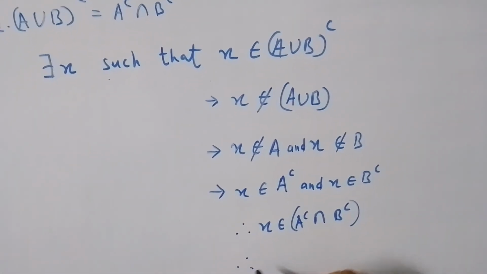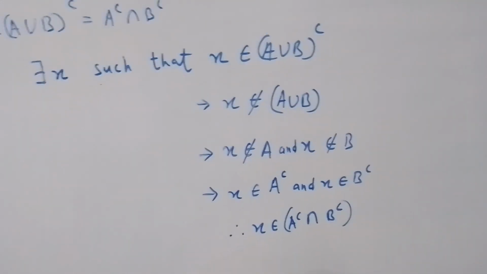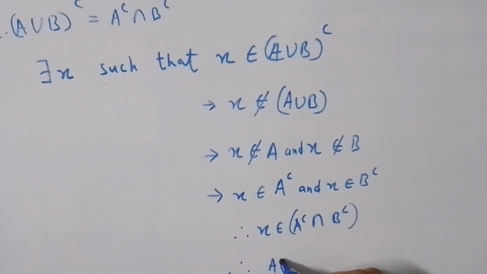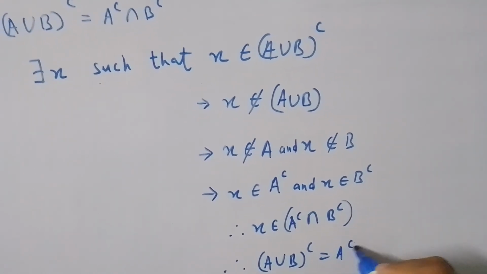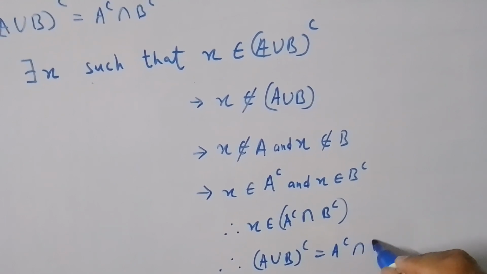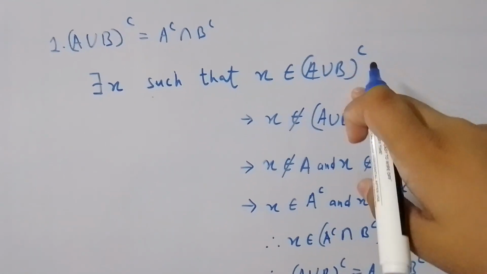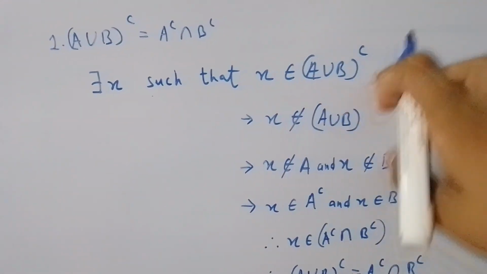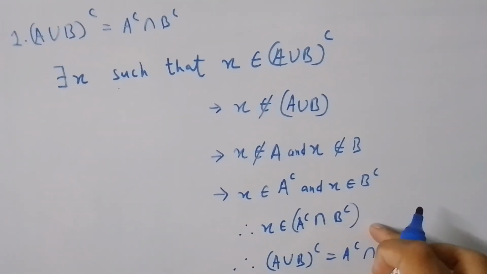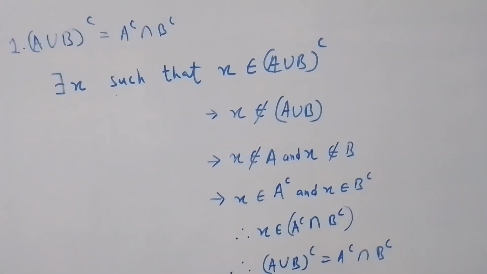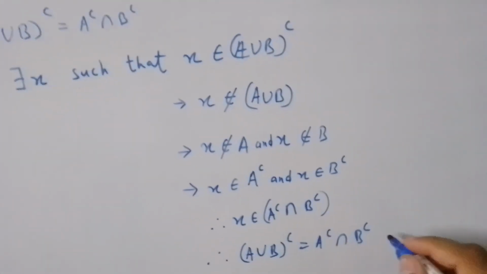So therefore we have shown that A union B whole complement is equal to A complement intersection B complement, because if an element is contained in this set, it is also contained in this set. So every element belongs to this and this set, therefore it's proved.